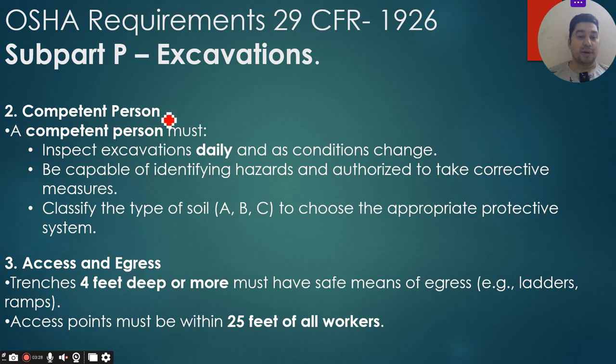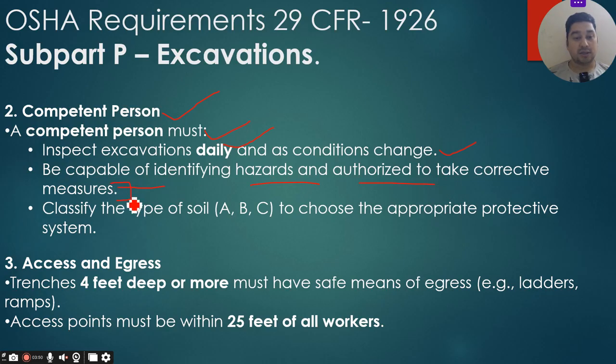Number two, competent person. OSHA requires that there should be a competent person who is aware and knowledgeable about inspecting the excavation daily. The competent person must inspect the excavation daily and as conditions change. The person should be capable of identifying hazards and authorized to take corrective actions and measures.